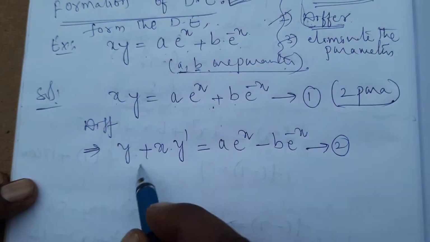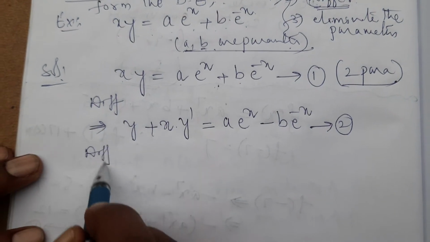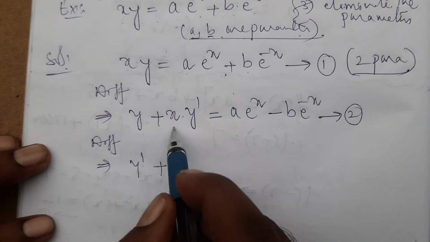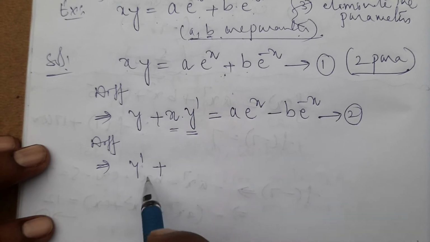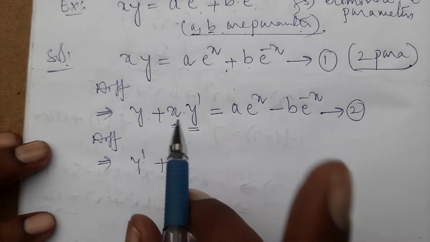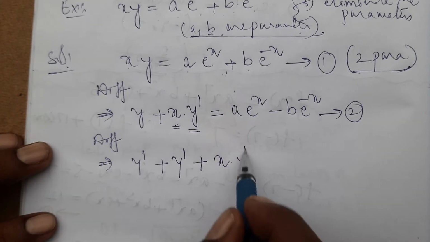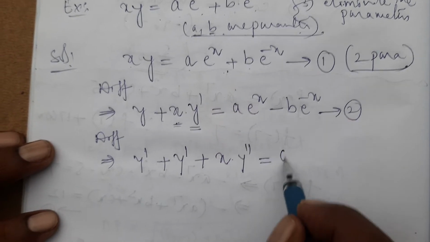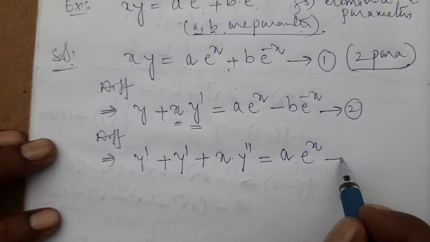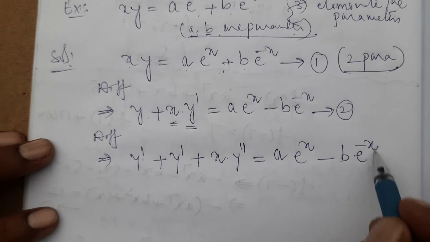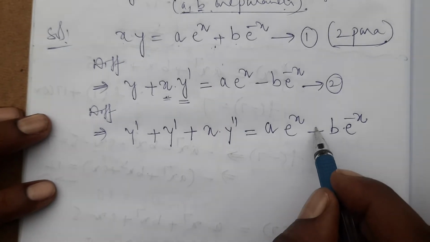Now one more time you can differentiate. Again, if you differentiate this equation, what will you get? y dash plus, again using the uv formula, x times derivative 1, so y dash plus x into y double dash equals a e^x minus b e^(-x) into minus 1, which becomes plus.